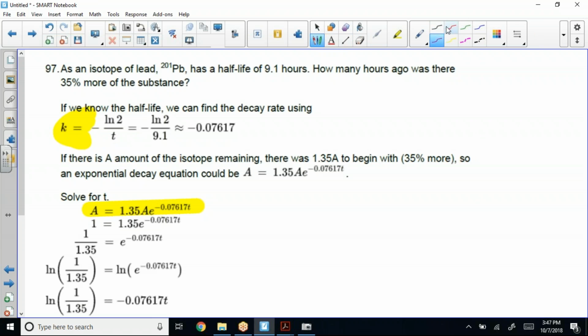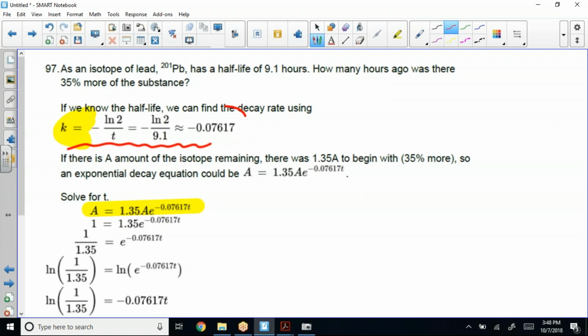So what you have to understand is, since my interpretation of the problem was totally different, there's 35% more of the half of it. So how many hours ago was that 35? That's a really bad question, because it leaves you to believe, is it 35% more of half of it, or 35% more at the beginning? According to this problem, it's 35% more at the beginning. So let's talk about this equation.